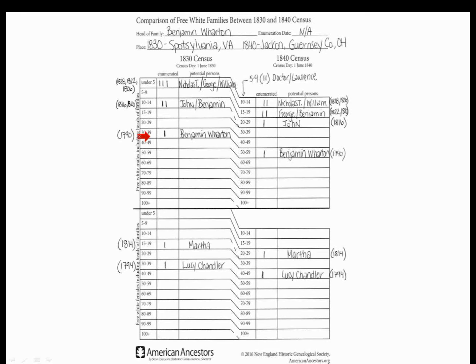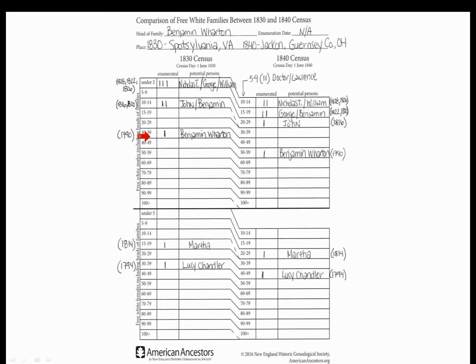The same is true with John and Benjamin. John fits nicely. Benjamin would have been right on the cusp, which was exactly what happened in the last census. And then same with George here. George could have been a little bit older or younger, depending on the census day. But everything looks pretty good.